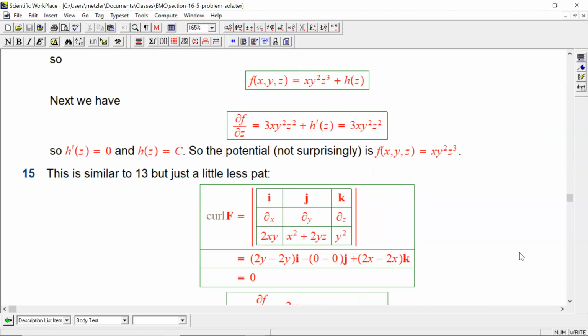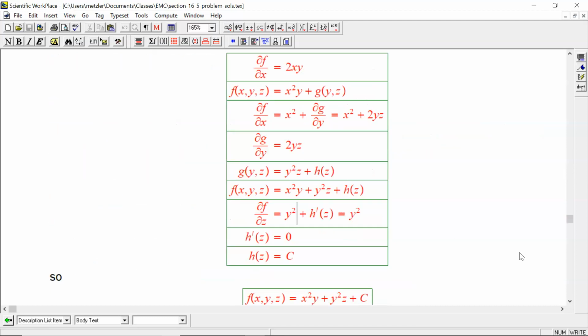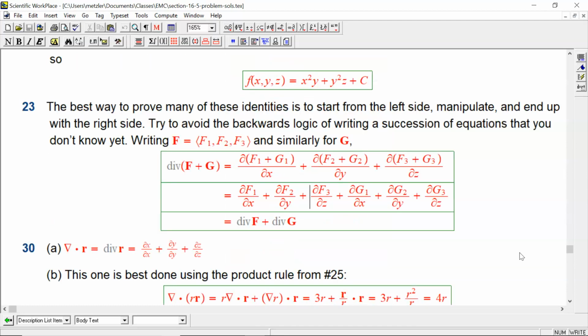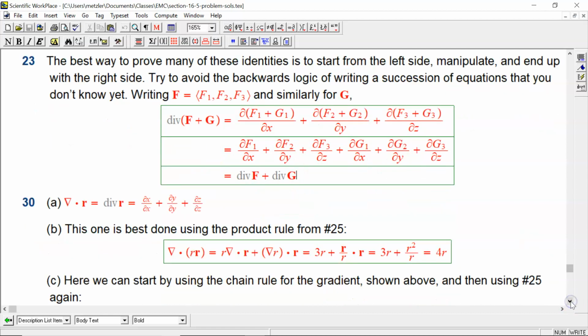Let me know if that's a difficult part. 15 was very similar. For 23, the best way to do that is to write down the left-hand side and expand that out. Here, you can recollect everything in a different order, and it just equals div f plus div g. Try not to get backwards logic here, and I can talk to people about that if I see backwards logic coming in.